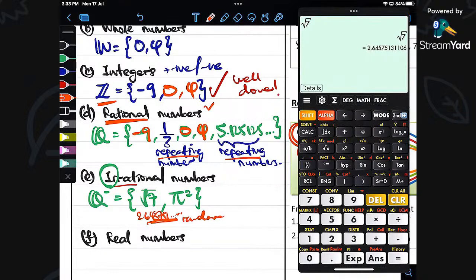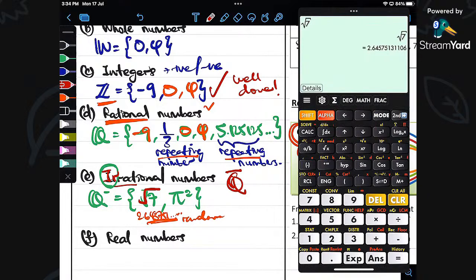So all of these kind of numbers, especially if you see a punca kuasa 2 ataupun punca kuasa 3, all of this is called irrational numbers. Okay, irrational means got Q bar over there. Q bar ataupun Q prime, it representing the irrational. Same goes to the pi.